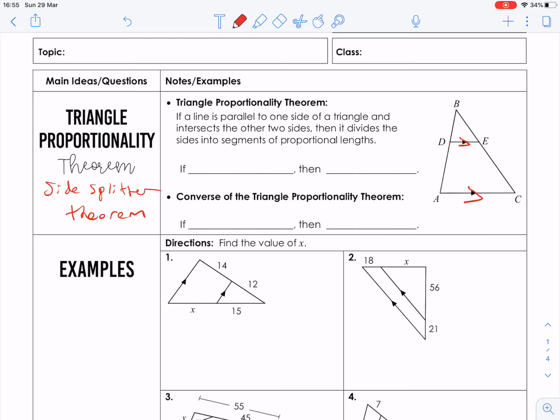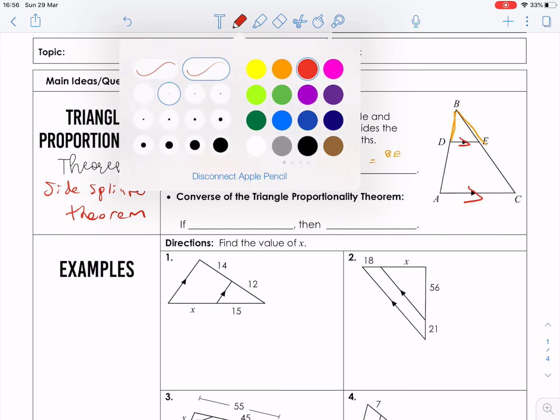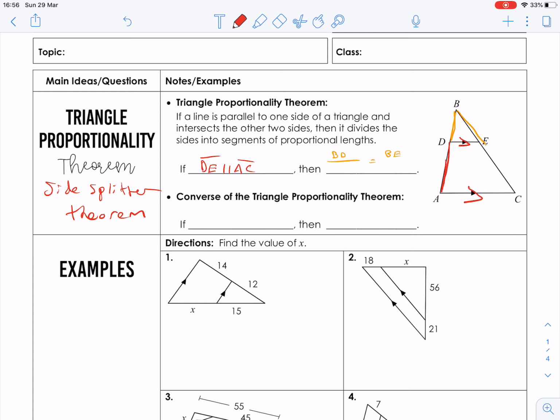So if these are parallel, then we could say that this side, BD, and BE are proportional to this side, DA, and to this side, EC.